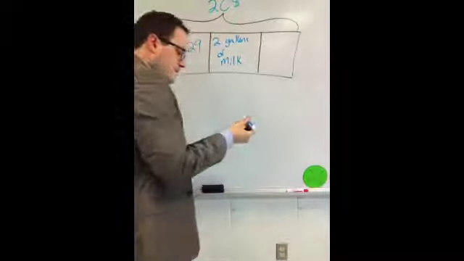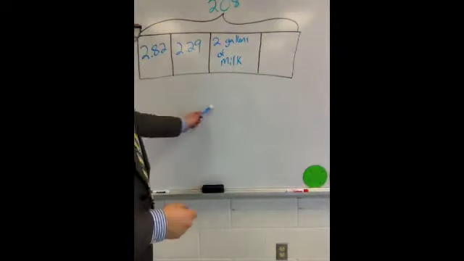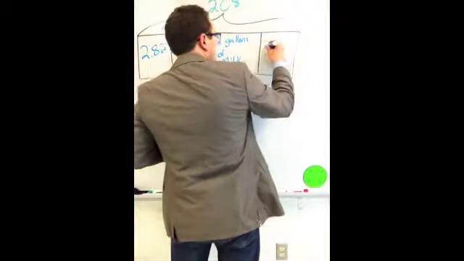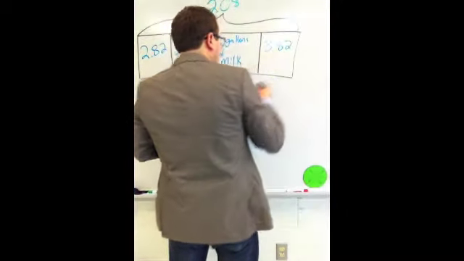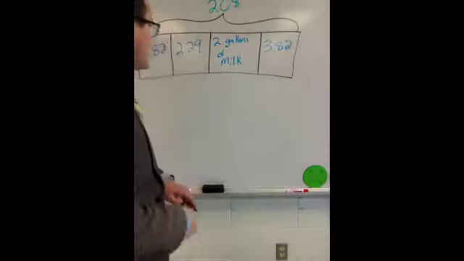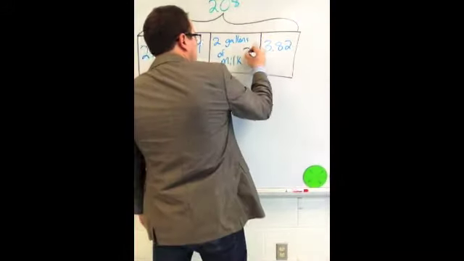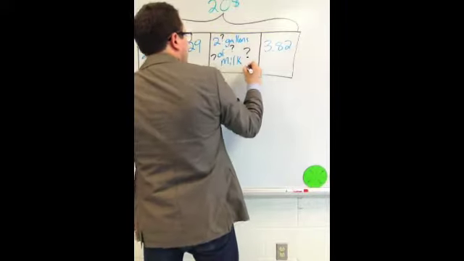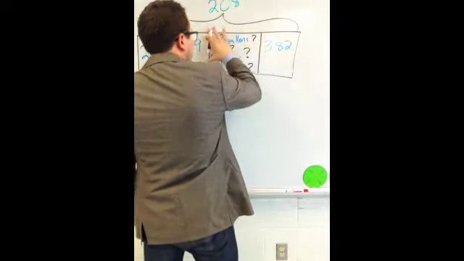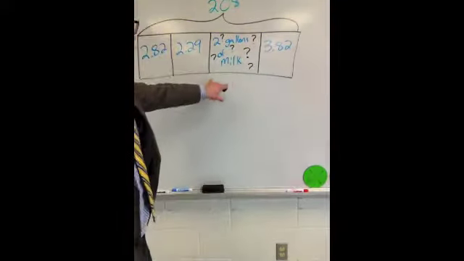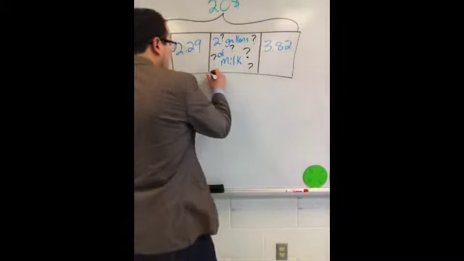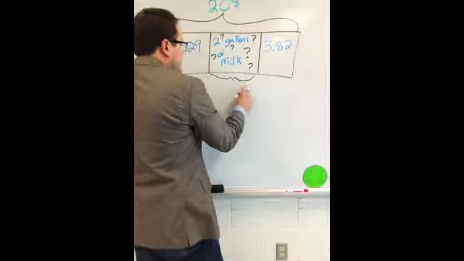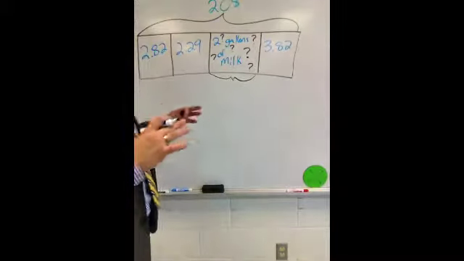Okay? So that's the total that I spent out of this 20. And she gave me $3.82 in change. My question is, how much is each one of these gallons of milk? So how much is this value in here? So to first find out how much this whole chunk is right here, I need to do some math.